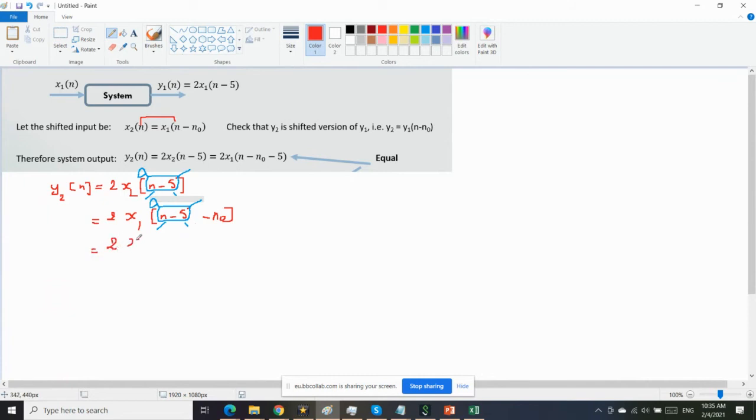Okay, next, so it is n minus 5, and I want to show this. How do we convert it to y1 now?